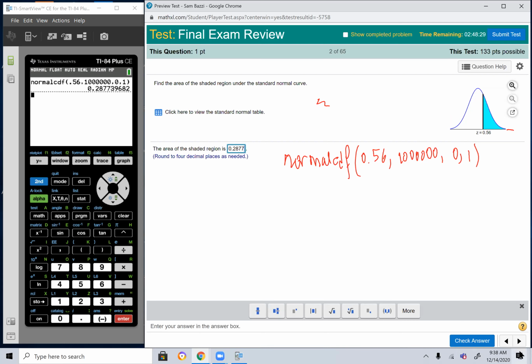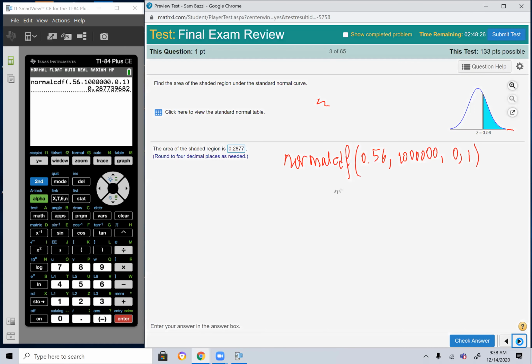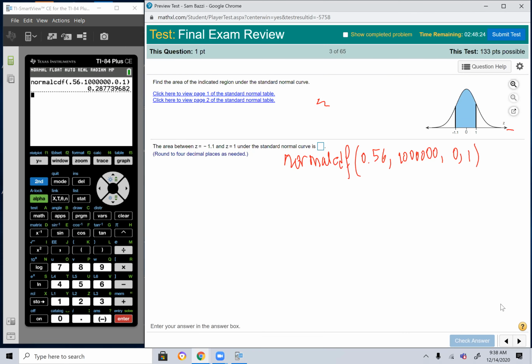All right, so let's go to the next one. Area between two z-scores, -1.1 and 1. So you can just do it right here. Second, variables, normal CDF. There is a -1.1.